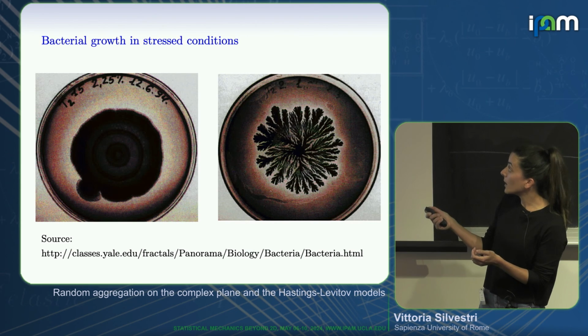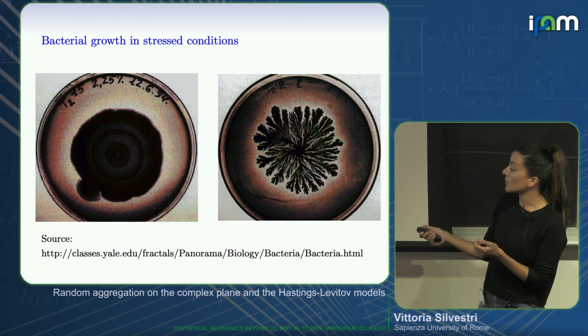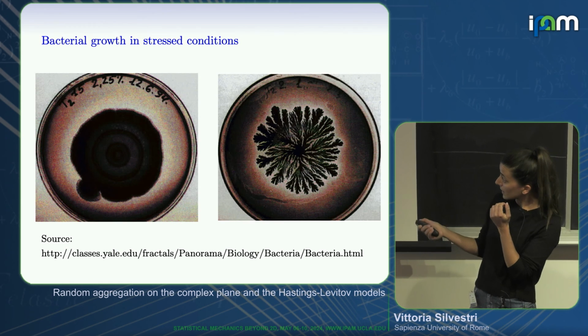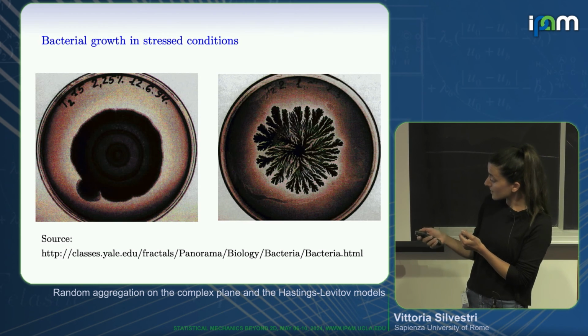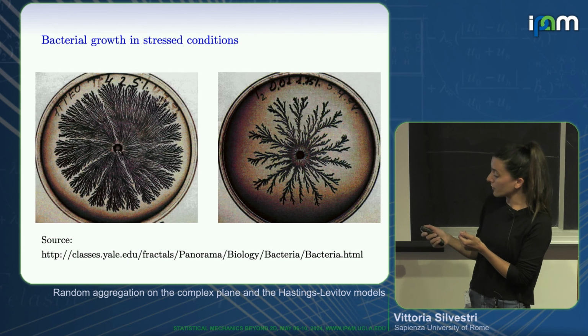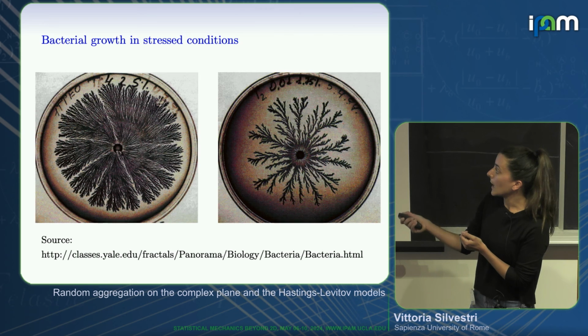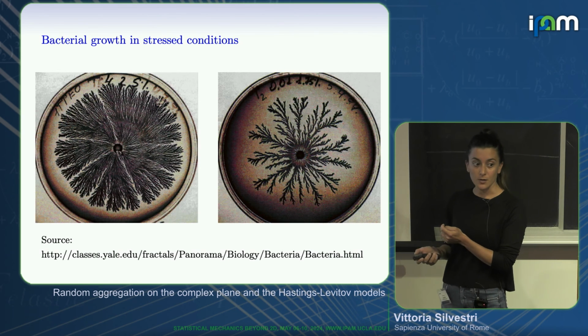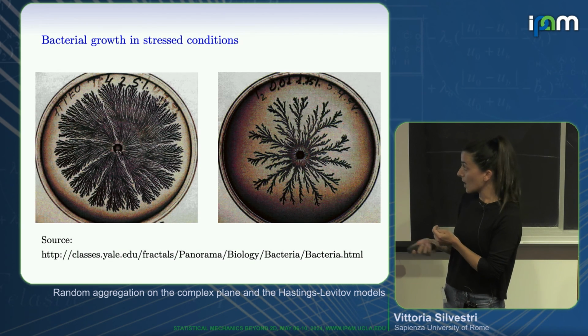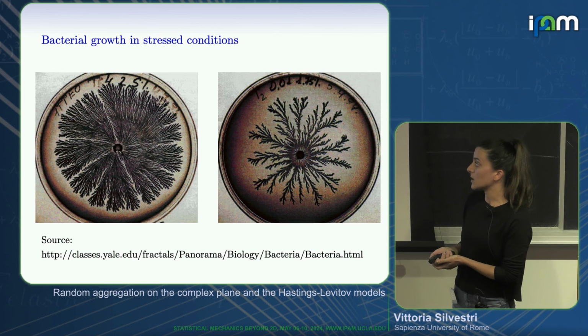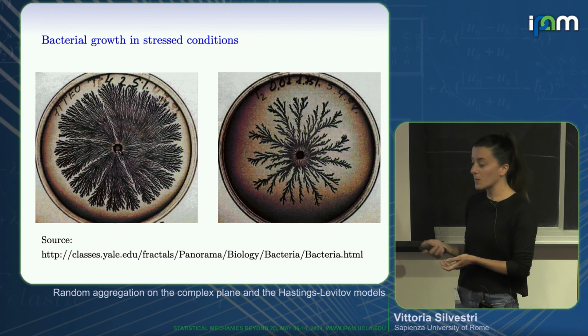But as you start lowering the amount of nutrient present outside the colony of bacteria, this fingering structure appears. And as the level of nutrient becomes lower and lower, the fingering becomes more evident until it breaks the disk structure. So how would you go and build mathematical models for this class of phenomena?